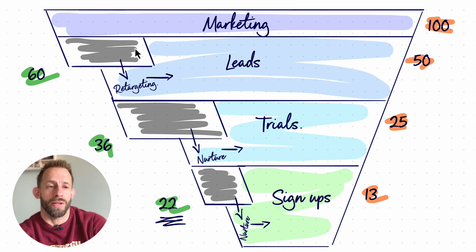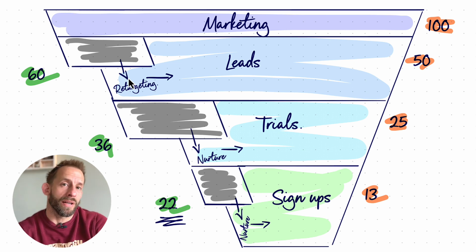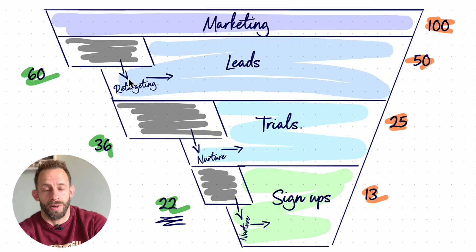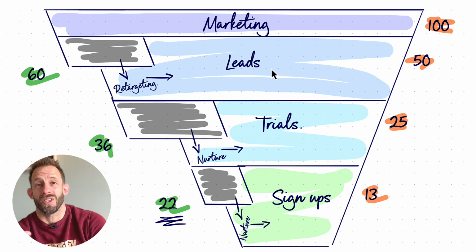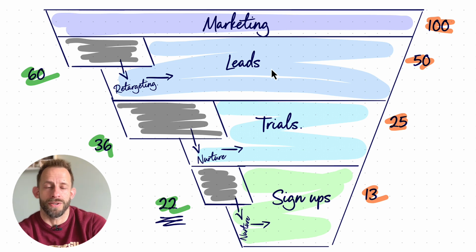What we can then do is show those people an ad which says, hey, did you forget something? Are you still interested in a free trial at our academy? Click the button below and you can get one right now. Or you add a little bit of an extra incentive like a 7-day free trial. That will convert a portion of them into leads. They've already shown an interest, and maybe you offer them a slightly better offer just to push them over the edge. That gives us our leads.